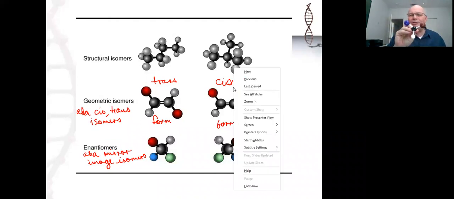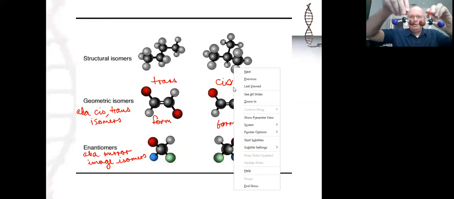Then you can see that there's a brown and a blue and a white ball also attached to the carbon in the center, because the black ball is the carbon in the center. So that's number one. Here's the other one, holding it again by the orange ball with the white ball at the back. And this time you can see that the position of the blue and the brown have been flipped from one side to the other. Here you can see them side by side.